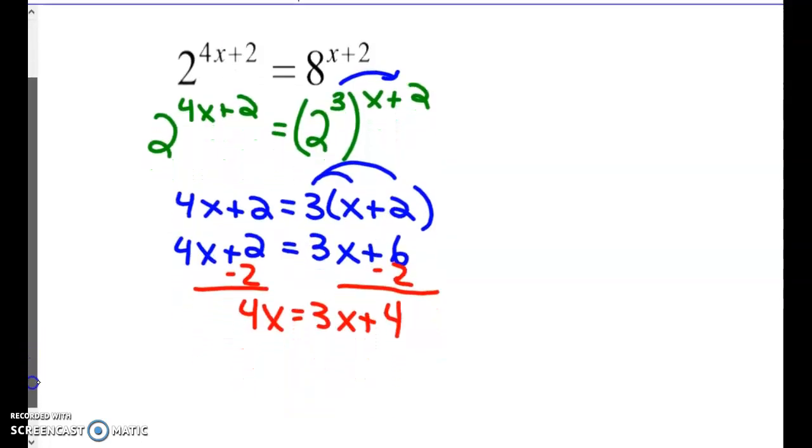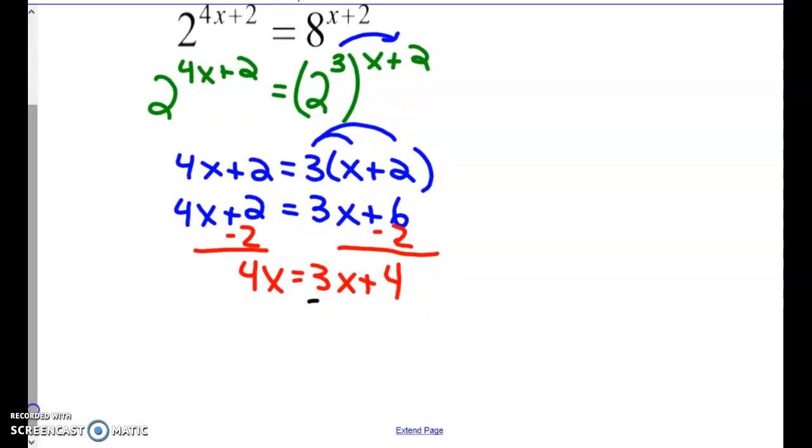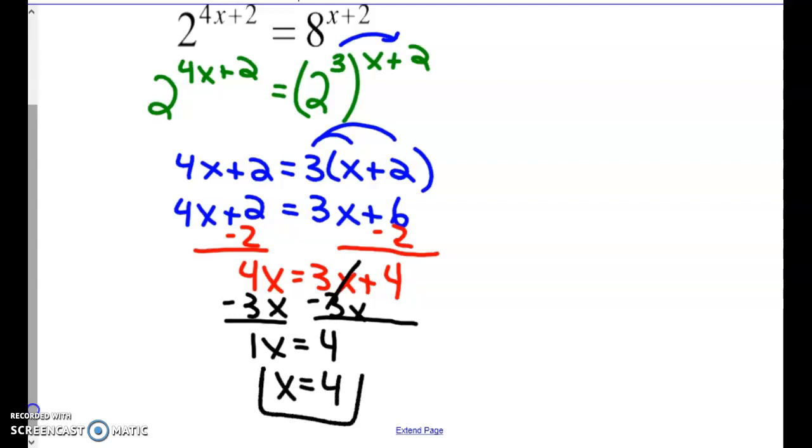Subtract 3x. 4 minus 3 is 1x. And x is equal to 4. Okay?